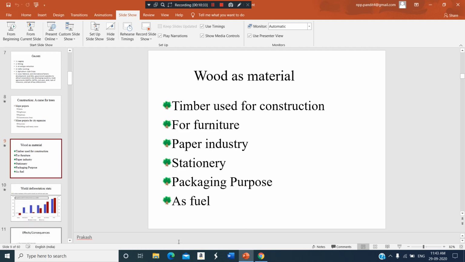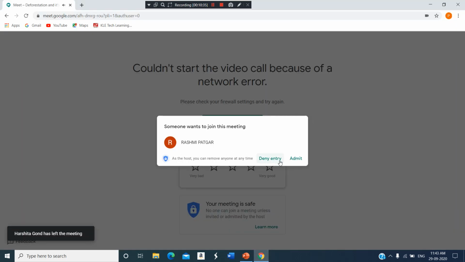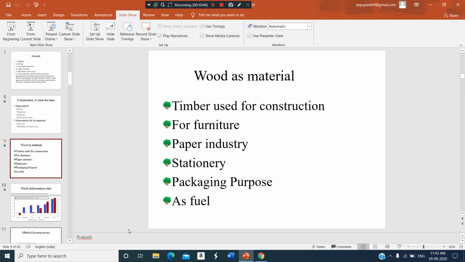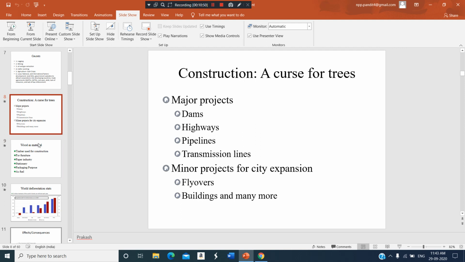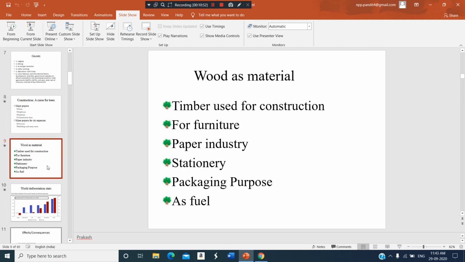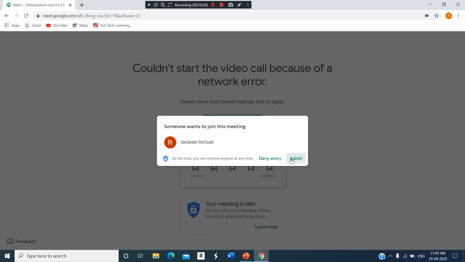It is because we think the entire world is for our use, and we also treat the wood as a material.